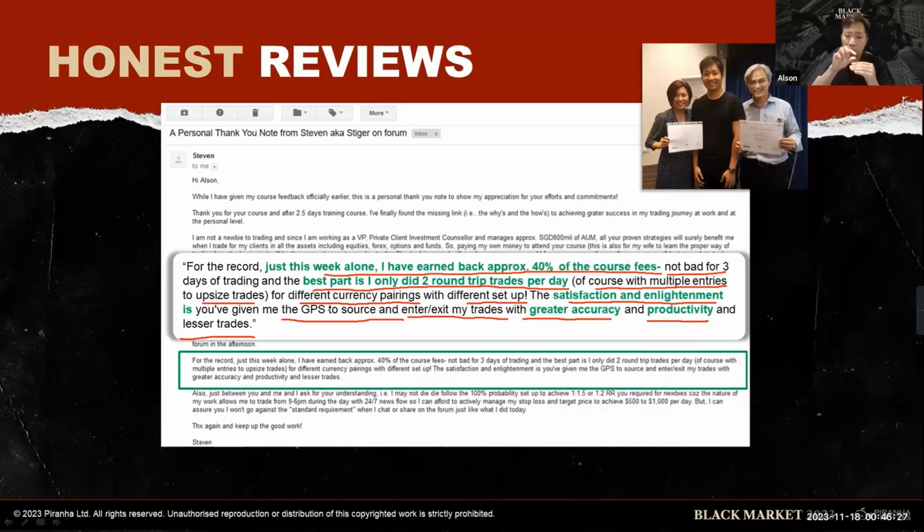How do I know not to buy anymore? How do I know to give up the trade? How do I know how to take profit? How do I know how to ride the trade? How to look for different setups in continuation and in reversal? How do I know when the market is going to crash? All these are set out nicely in the course for students to use them to make consistent profits from the markets.